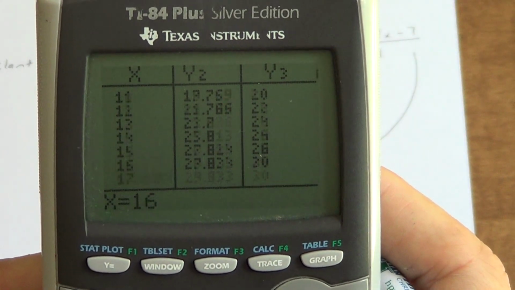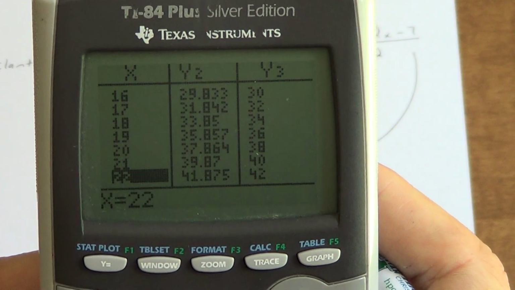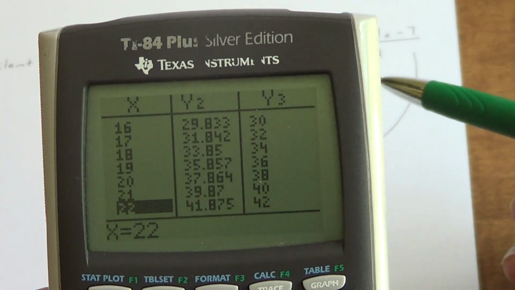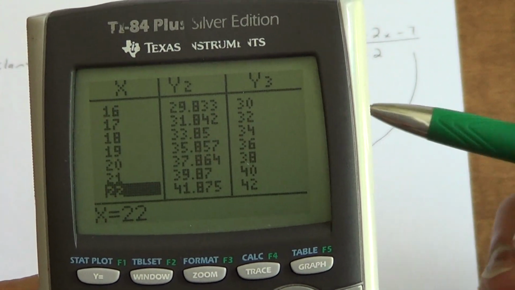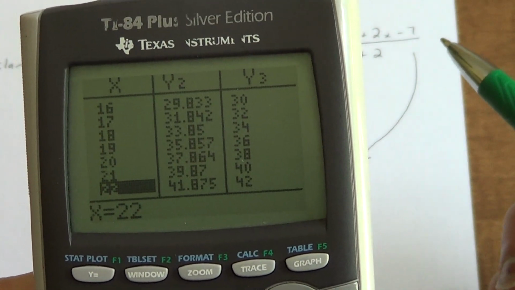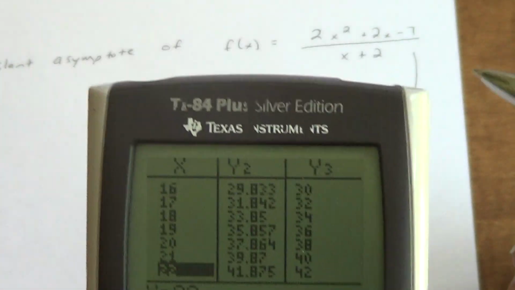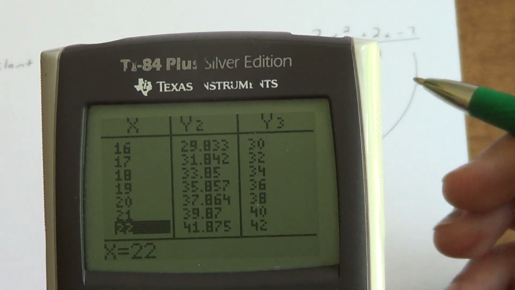And the farther out I go, the closer and closer they get. So when I'm way out there at x equals 21, the curve is at 39.87. My guess would be a few other decimals there. And then the line is exactly at 40. That's what's going on there. They're getting very close together.